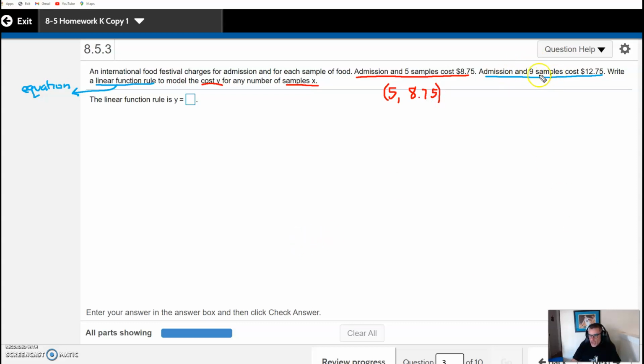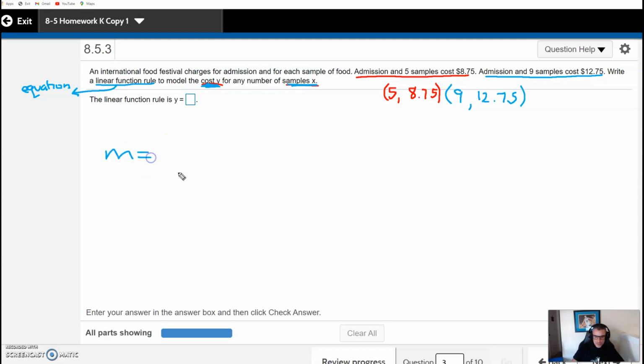Over here, 9 samples. Well, again, remember, samples is x. So I have 9, and then cost is the y, $12.75. So now that I have 2 coordinate pairs, I can go ahead and do the exact same thing we did in the previous problem. Okay? In order to write this equation, we need to know 2 things.